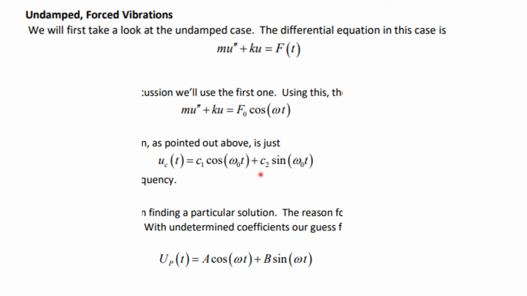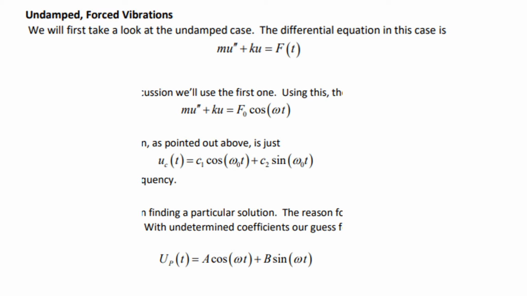So that is the complementary solution. To annihilate the forcing term, we would use d squared plus omega squared. That means we look at a particular solution that we can substitute into the original equation.